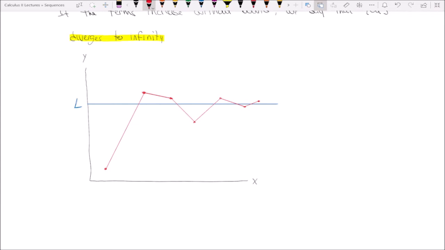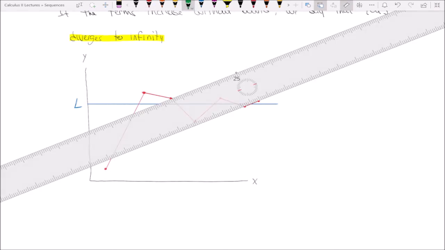Right? So let's now choose some epsilon. So we assume that some epsilon is given to us.